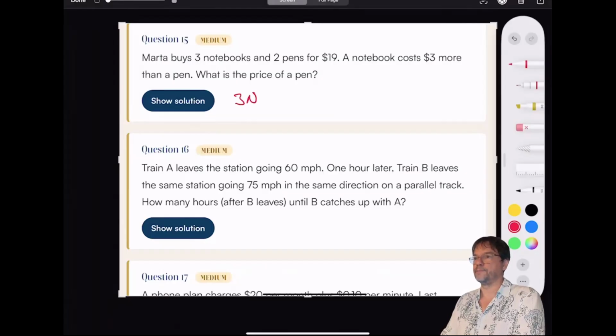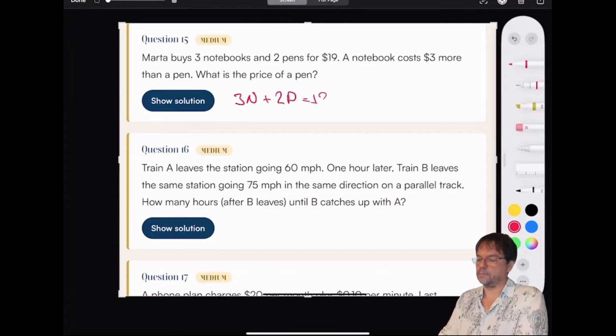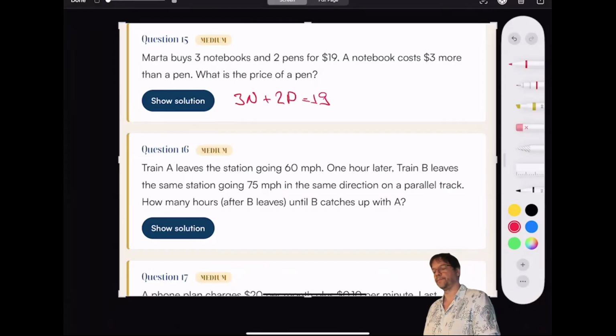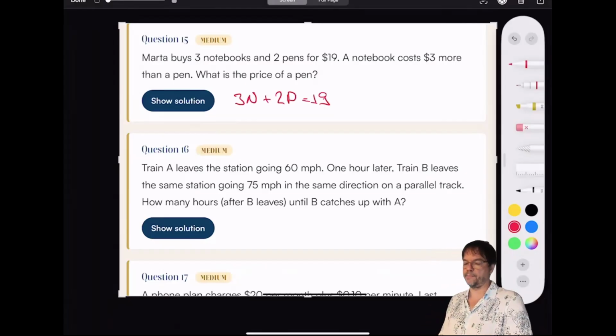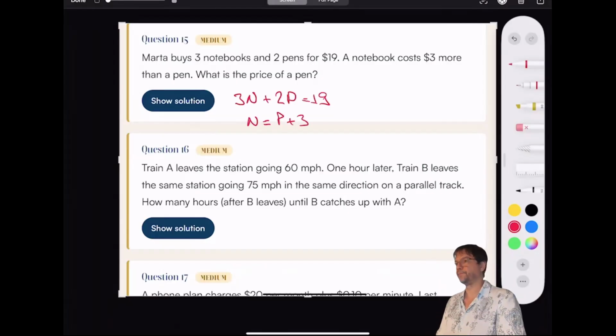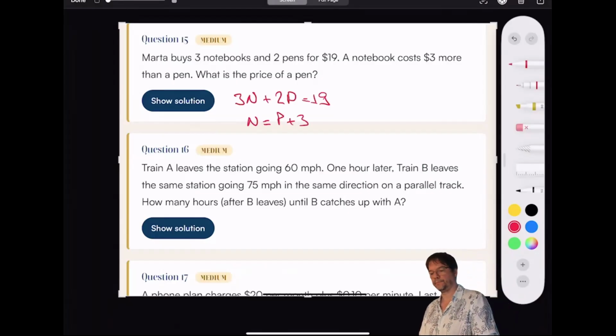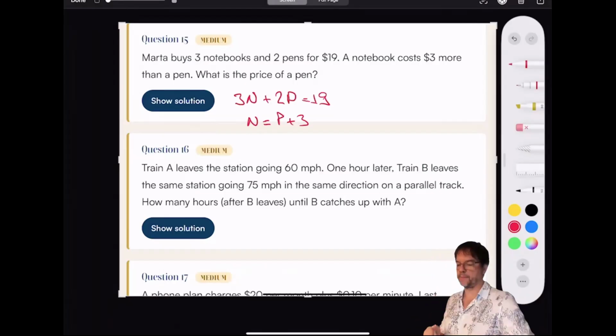I did 3n plus 2p equals 19. A notebook costs 3 more than a pen. A notebook is a pen plus 3. Do you agree? Yes. What is the price of a pen?